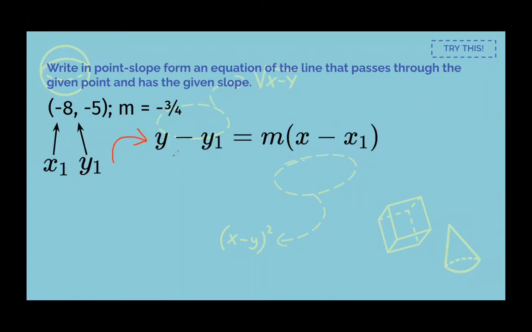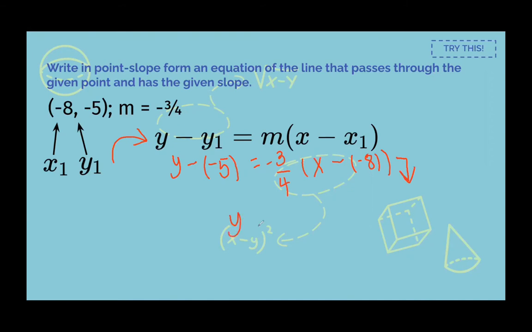So y minus y1 is actually y minus -5. So make sure to put -5 in parentheses, equals your slope, which is -3/4 times x minus x1, which would be -8. So make sure to put -8 in parentheses. You can see here that we haven't quite simplified everything yet.